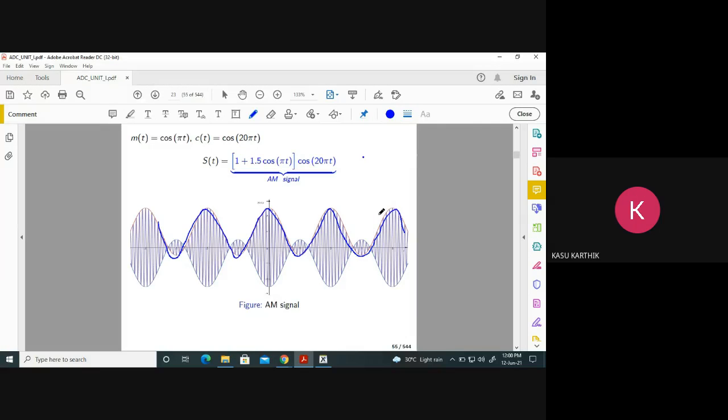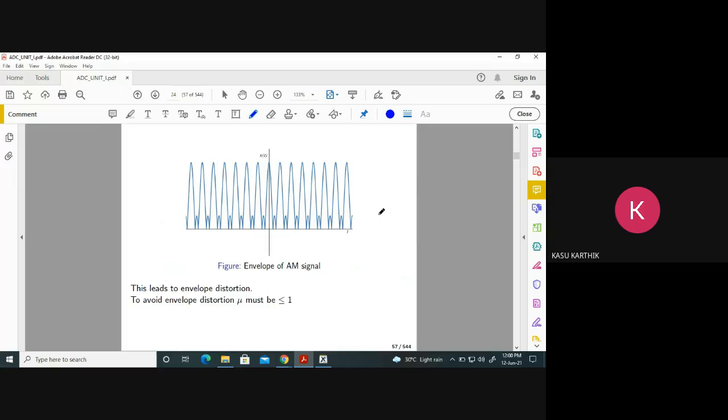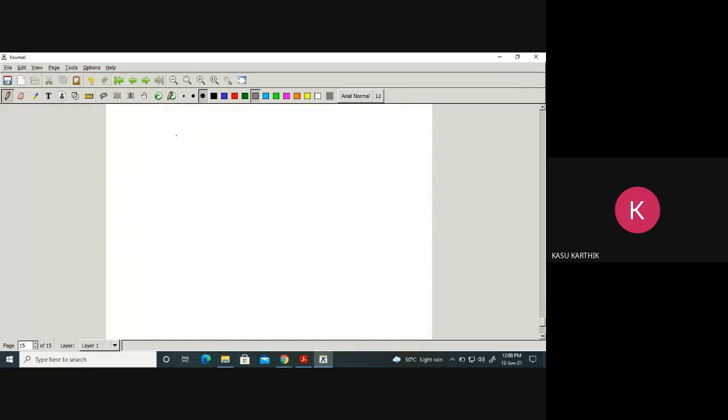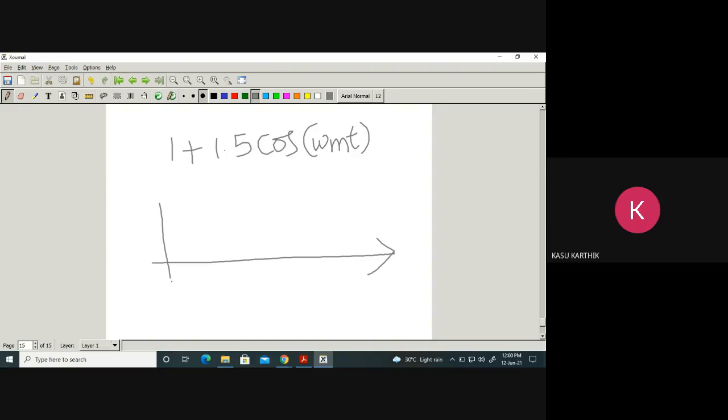Okay. Then the envelope is nothing but mod of the amplitude. So if we take it, what happens? This is the envelope. Okay. So is it okay, all of you? First of all, what is the envelope actually? Mod of x of t. Yeah, mod of x of t, but here what do you get? 1 plus 1.5 cos omega mt. You draw this first. How does it look?